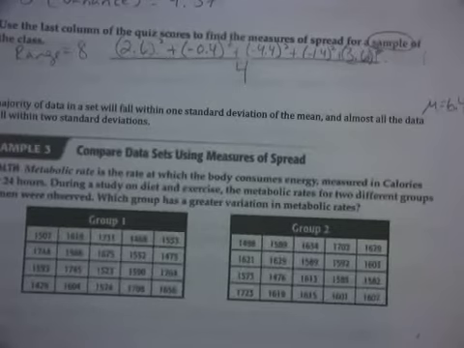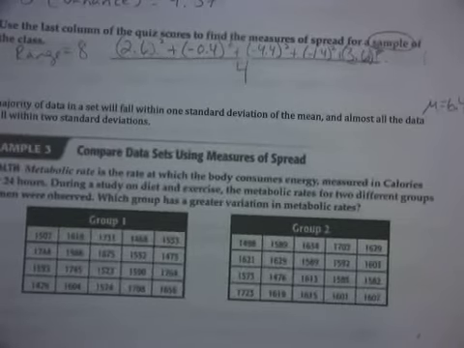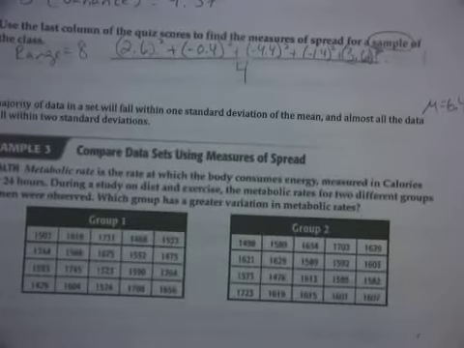So 2.6 squared plus negative 0.4 squared plus negative 4.4 squared plus negative 1.4 squared plus 3.6 squared, and we're dividing that by 4.